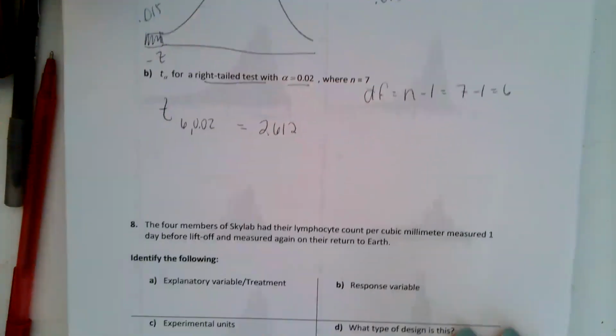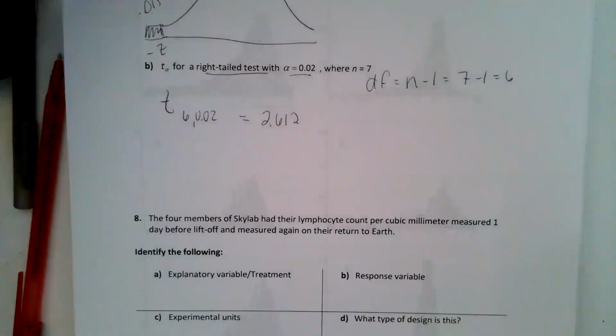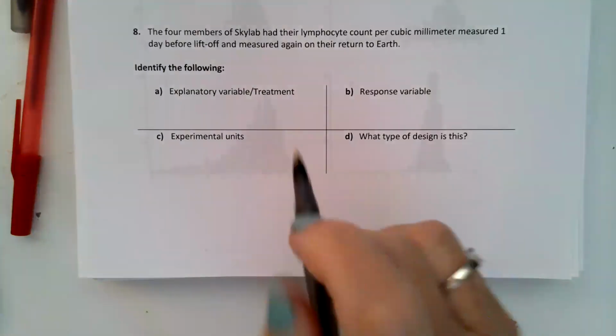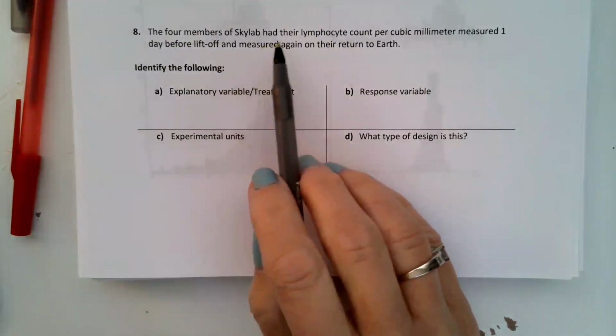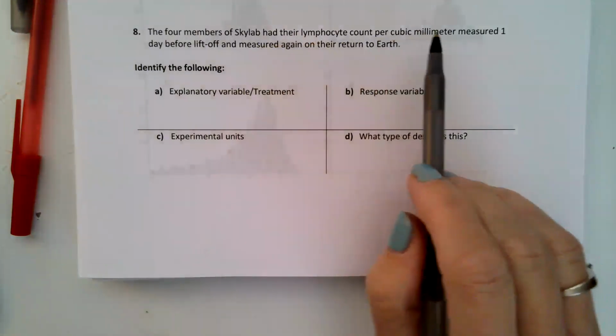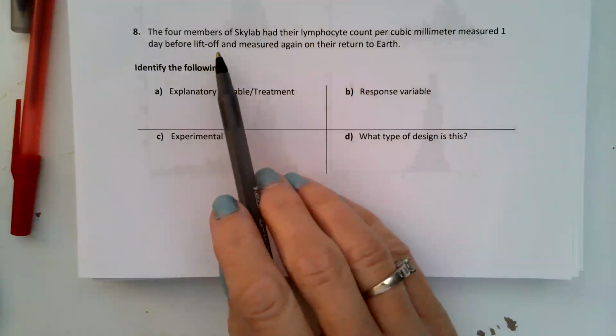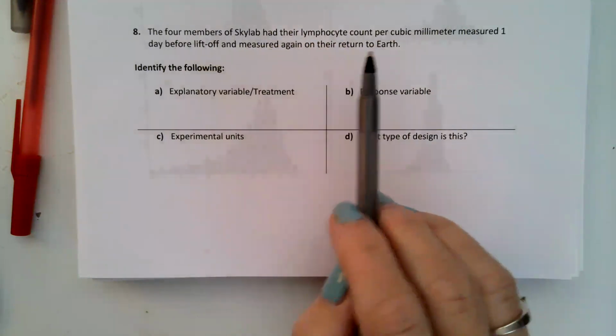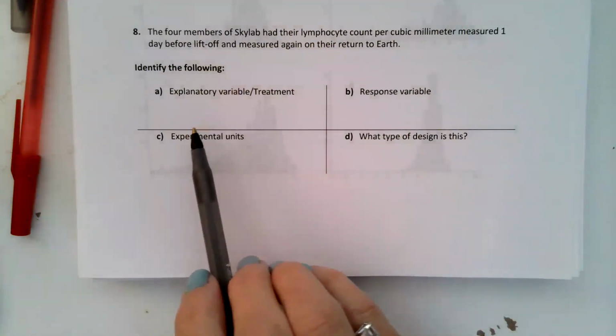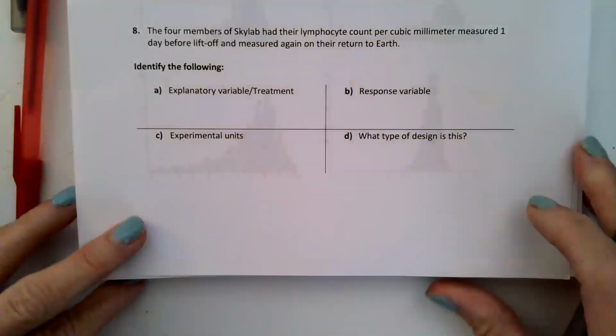Okay. So let's look at question number 8. Question number 8 is more of a chapter 1.6 question. The 4 members of Skylab had their lymphocyte count per cubic millimeter measured one day before liftoff and measured again on their return to Earth. Give the explanatory variable or treatment.